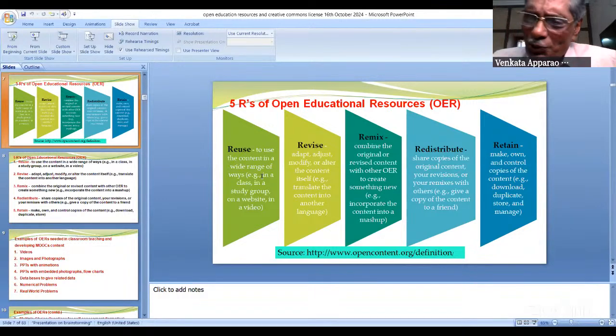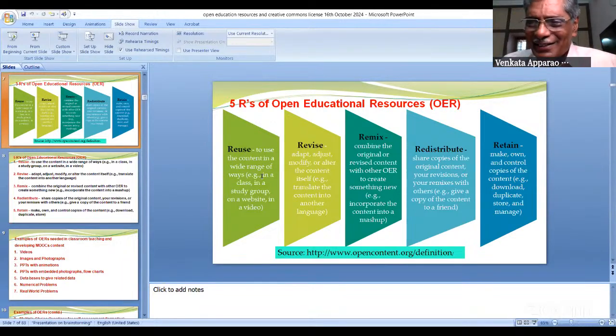Then redistribute. It's not only using. You can distribute to all your students, to your colleagues who are teaching similar courses. Then retain.